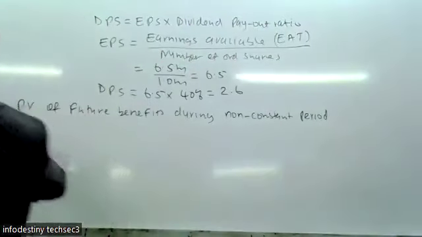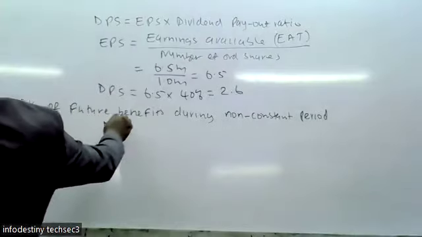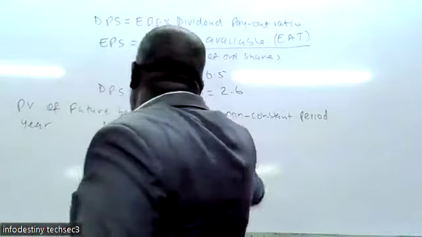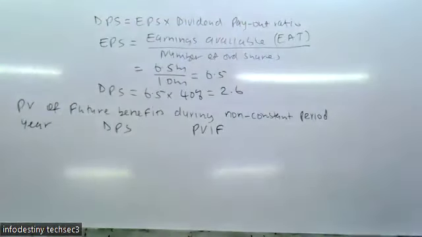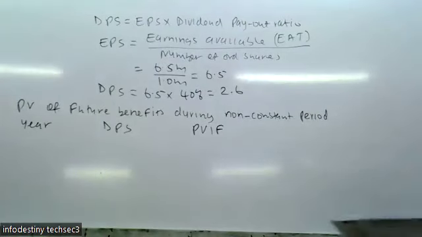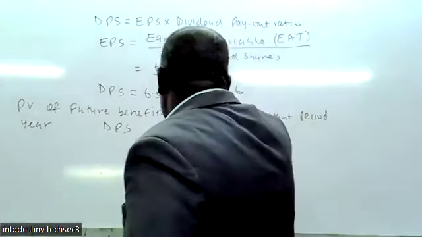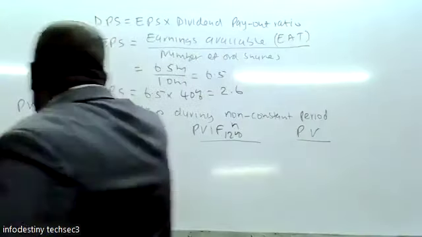So you will be having the year, then dividend per share, then present value interest factor. The cost of capital was given as 12%. So it is 12% for each year, so that you get the present value.